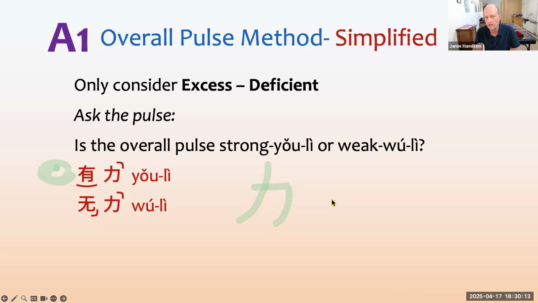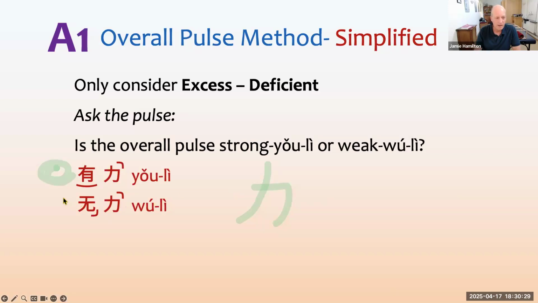So forceful is another word which I think is better than strong and weak. The words forceful and forceless have been used a lot, so I'm going to be suggesting that we use those ones.